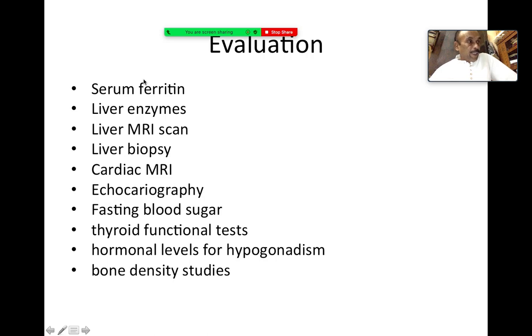Serum ferritin is the standard test that will tell you about the iron status in the body with respect to the total iron in the body. It's a good indicator of the iron stores, and its value more than 1000 micrograms per liter is of pathological significance.